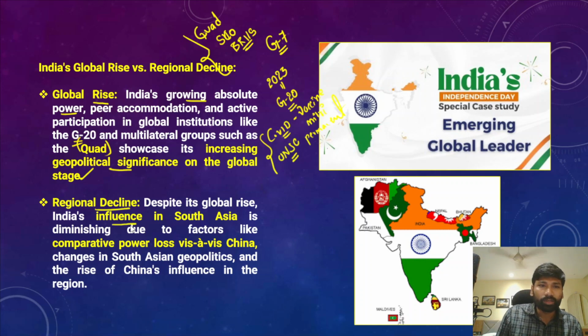Why? Because of a comparative power loss vis-a-vis China. Please understand, in South Asia, China has emerged as a rival, challenging India's traditional leadership role in the region. And in fact, China's overall presence in the Indian Ocean has significantly increased.